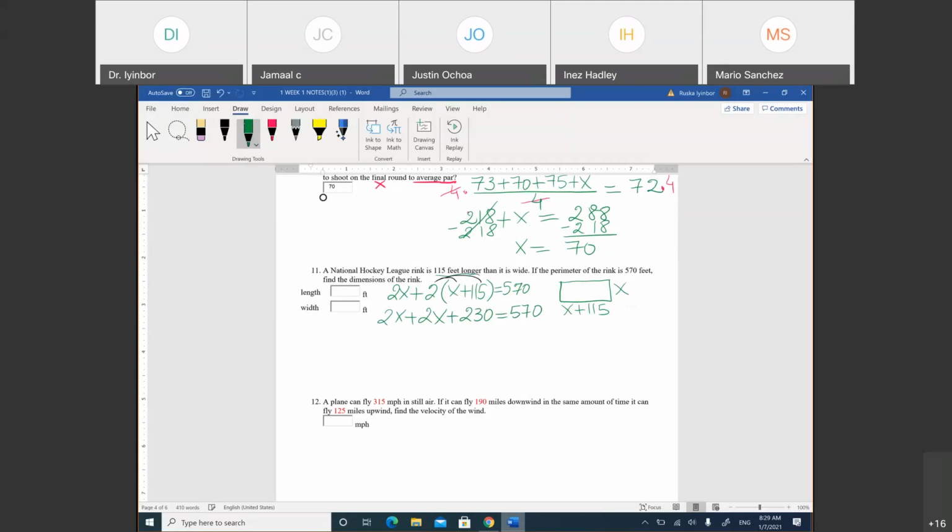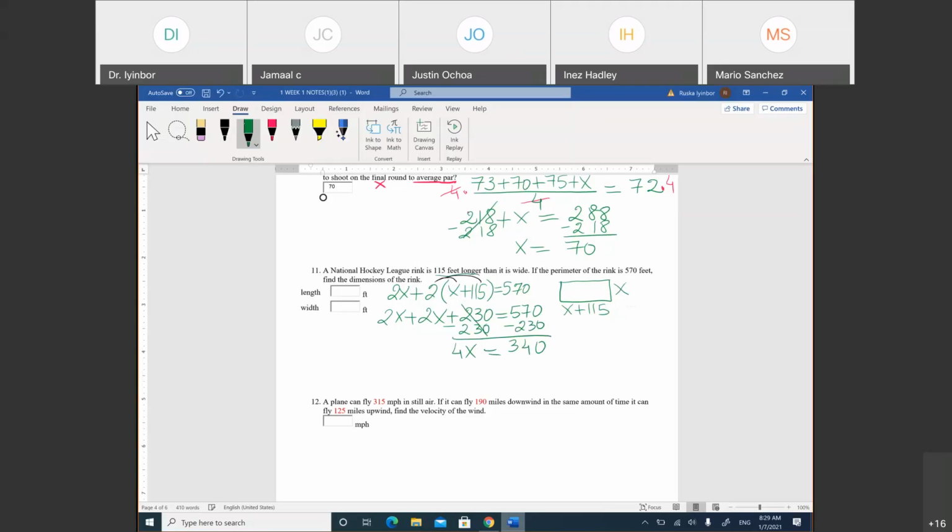From here, we're going to combine 2X plus 2X, and we're going to move 230 to the other side because you want to get the X's on one side. So that's 4X equals, when you subtract 570 minus 230, it's going to be 340.